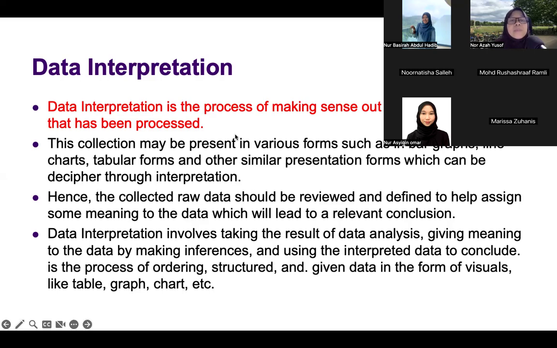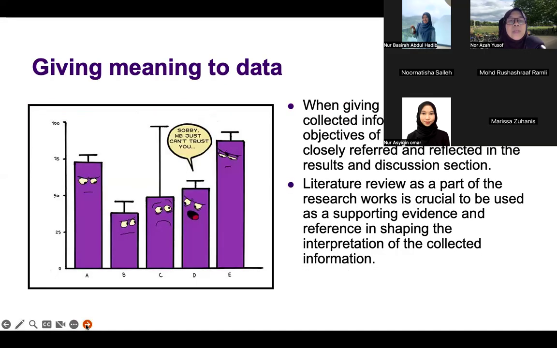The collection may be presented in various forms. So the data is presented in many ways. Let's look at one of the ways: you have a bar chart, you have a graph, you have a pie chart. Those are representations, meaning the presentation of data.